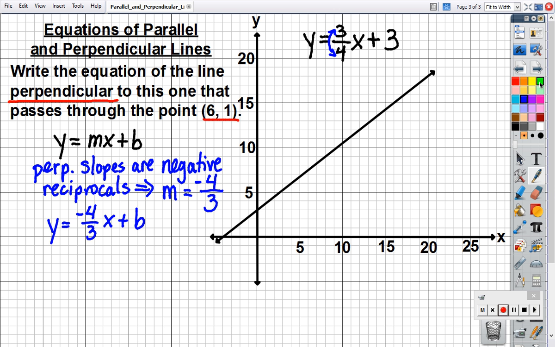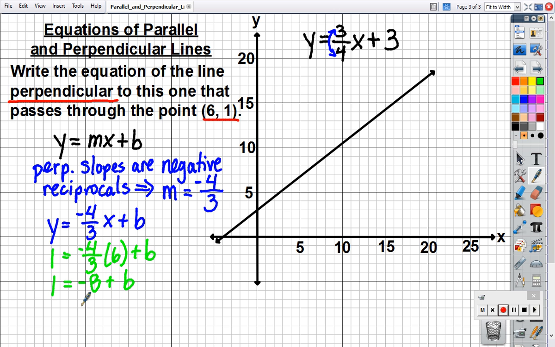My second step is going to be exactly the same as it was before. I'm going to substitute in (6, 1). So I'm going to put 1 in for y. Okay, and then I solve. So -4/3 times 6. Well, 6 over 3 is 2, and 2 times -4 is -8.